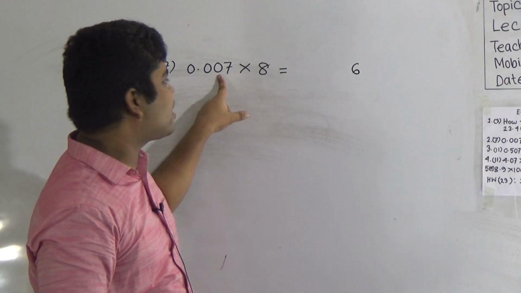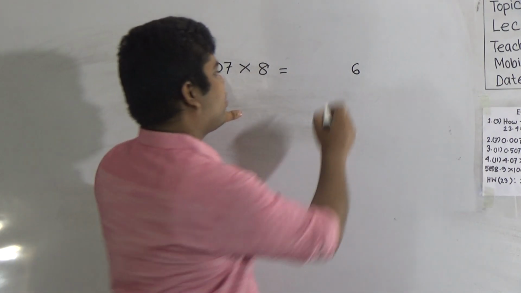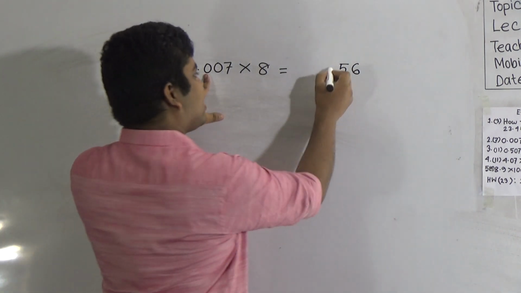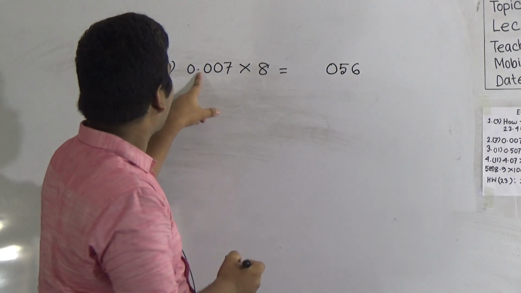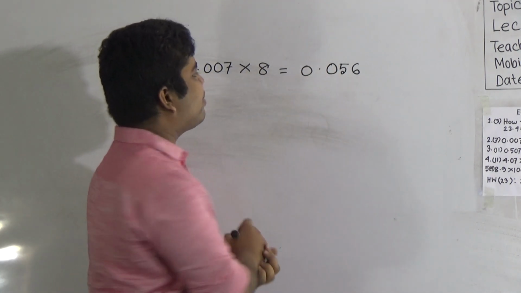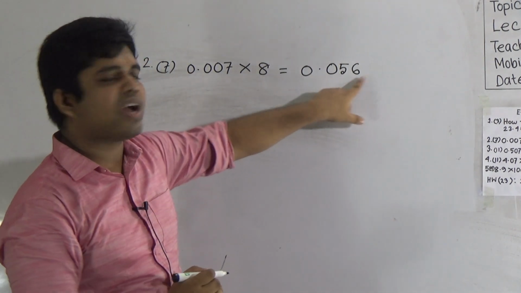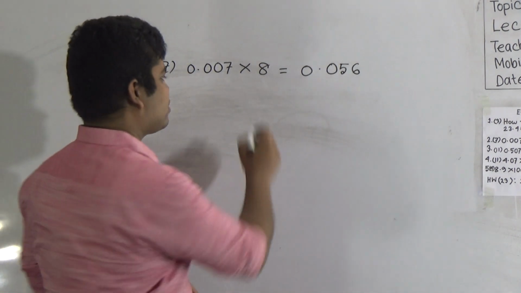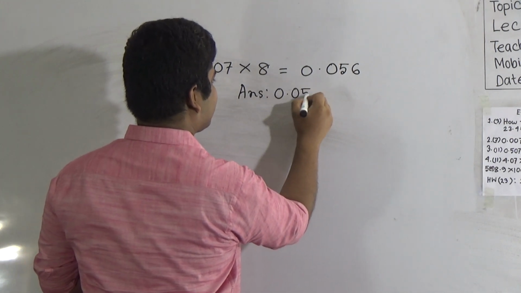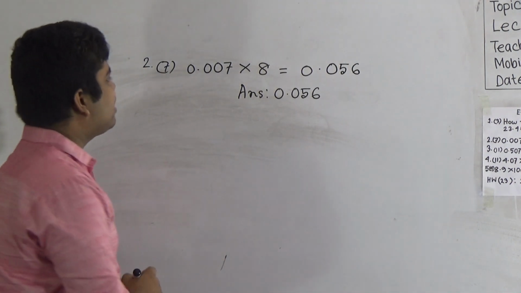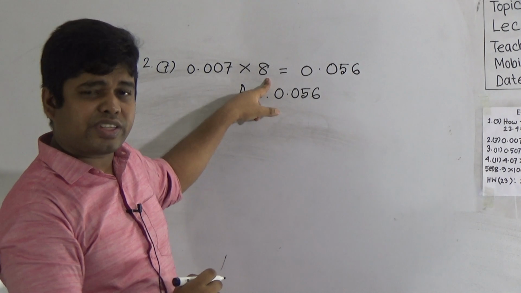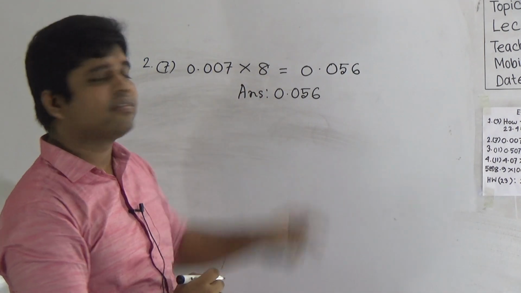Now 8 zeros are 0. 0 plus 5 we write here 5. Then 8 zeros are 0. We write here 0. And for this point I write here point. After that 8 zeros are 0. So what will be the answer? 0.056 is the answer. So as our solution is done, we must write answer. Okay. My dear student, it is multiplication by single digit. So it is so easy and you can solve this math in a line.